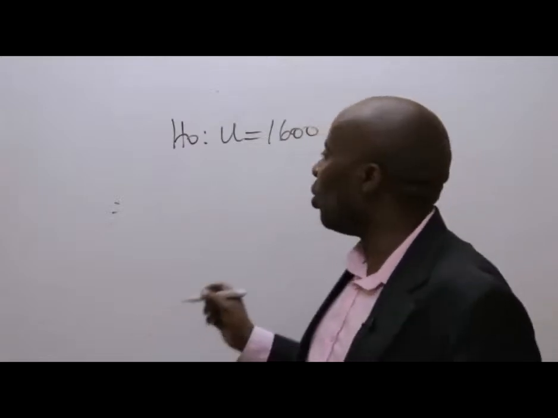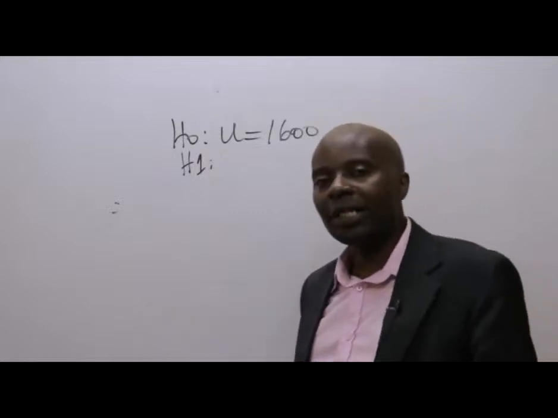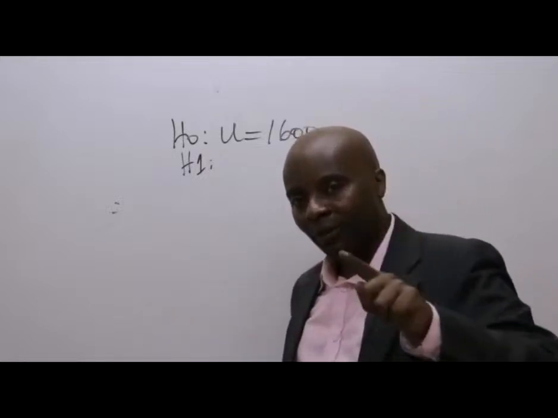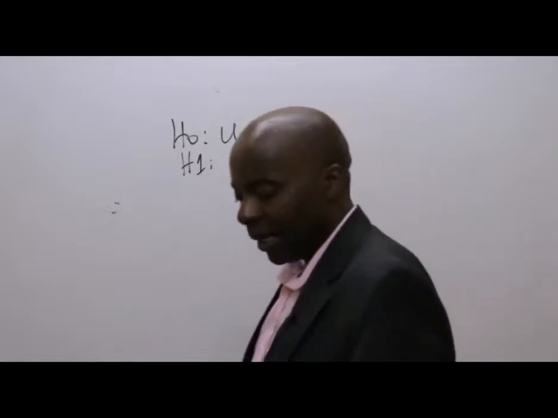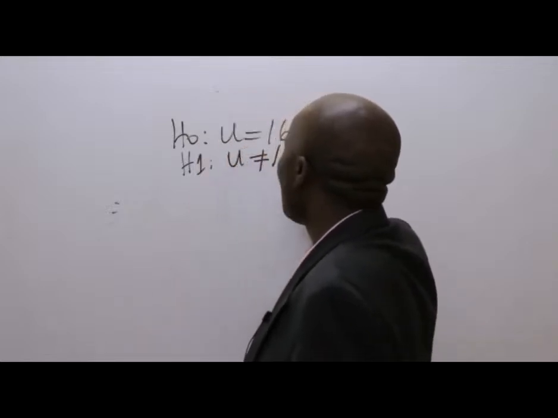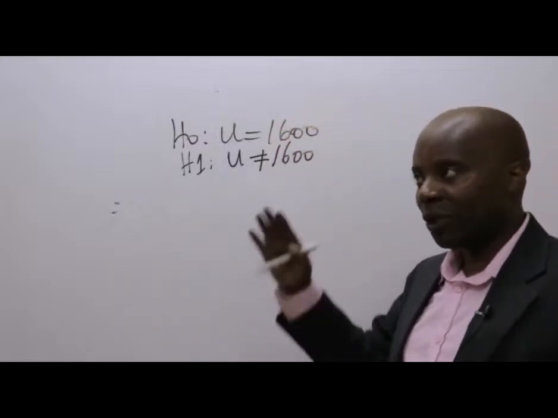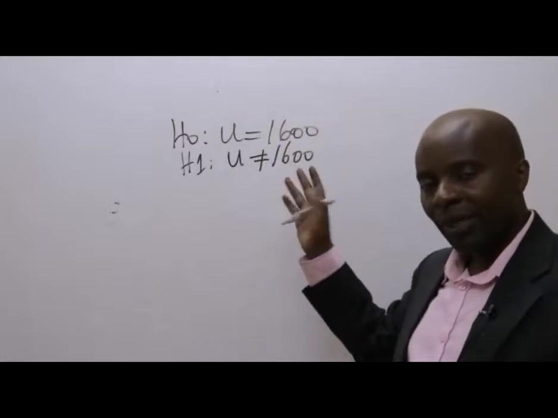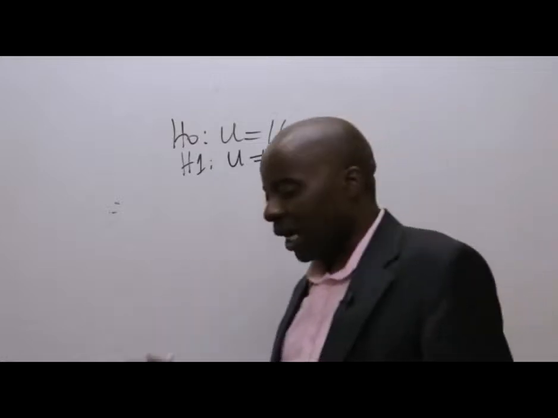I know that some of them will take longer, others will take shorter. So my alternative claim will be U is not equal to 1,600. Why? Because some bulbs will take more time and the other bulbs will take less time. So this is my alternative hypothesis.